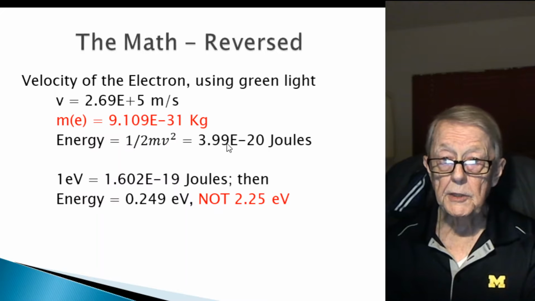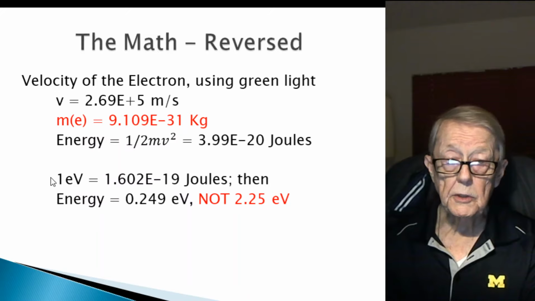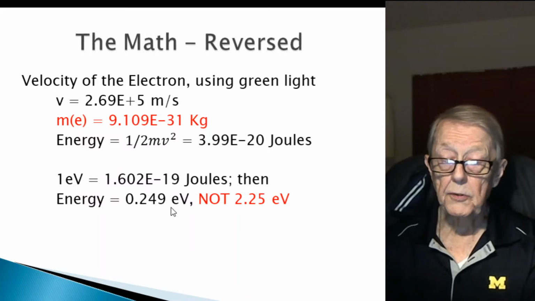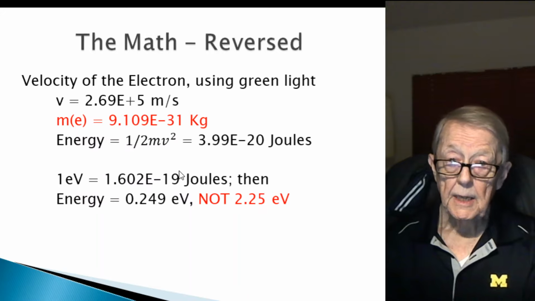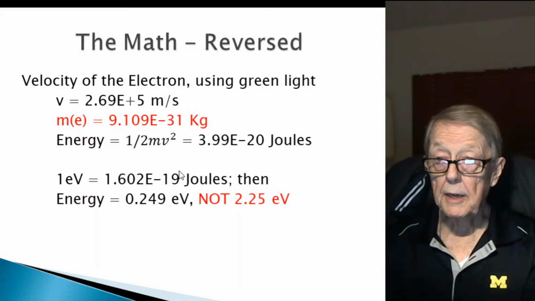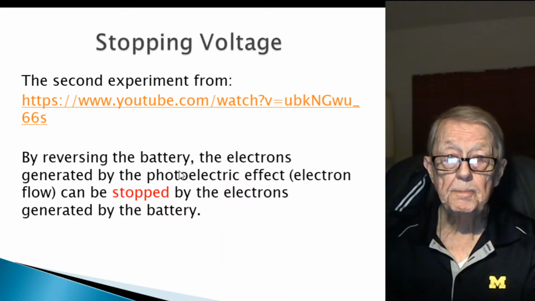The energy is 3.99 times 10 to the minus joules, and you convert that to electron volts, and you don't get 2.25, you get 0.249. The person who did the graphic made a mistake, unless I'm making one. If someone out there knows what I did wrong, please let me know.